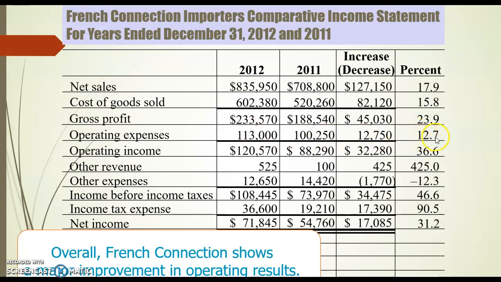But again, it didn't go up by 18%. We still managed to hold those costs down compared to the amount of sales. So our operating income, which is the gross profit minus the operating expenses, is a fabulous 36.6% increase.